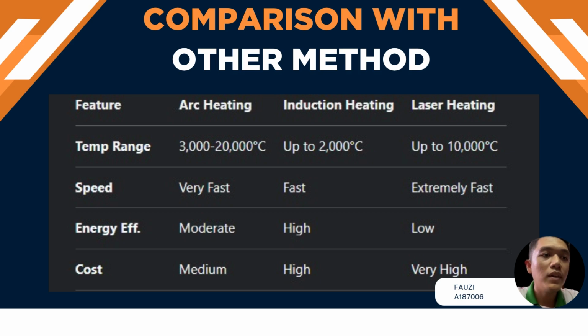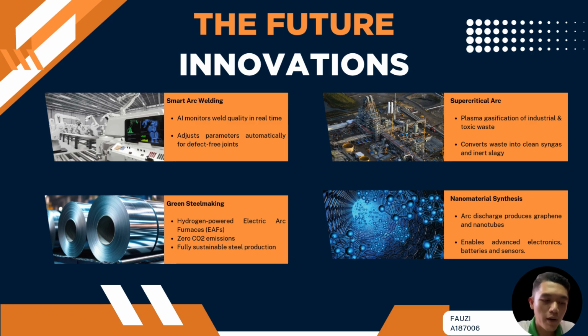If we look, arc heating is in the middle between induction and laser heating. And the last one is cost, which is a crucial and important feature that engineers will focus on. So arc heating is the cheapest method when we compare between induction and laser heating.